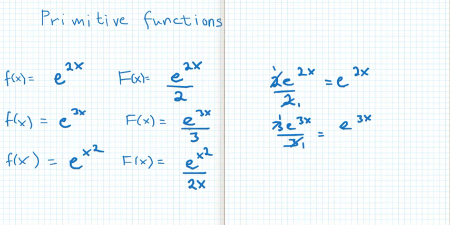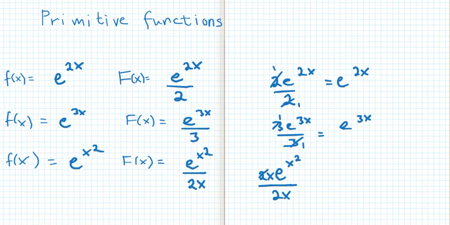The last one, e^(x squared) times the derivative of x squared is going to be 2x in front, and then already divided by 2x. And of course we're going to cross out the 2, we're going to cross out the x.